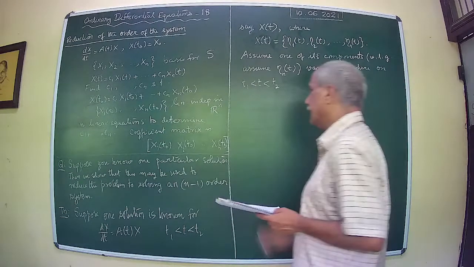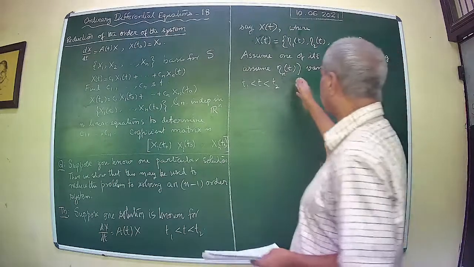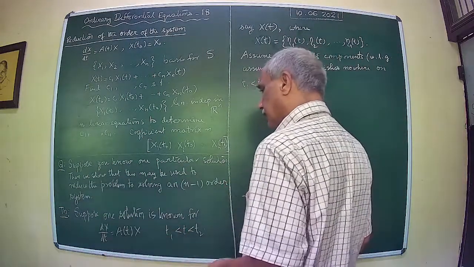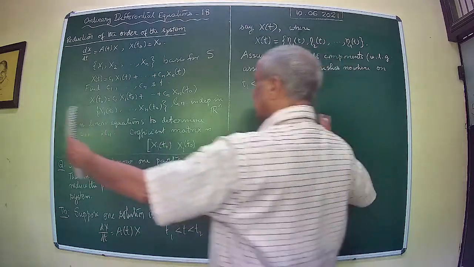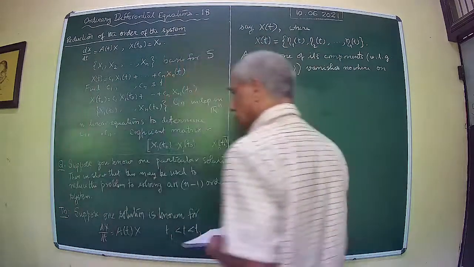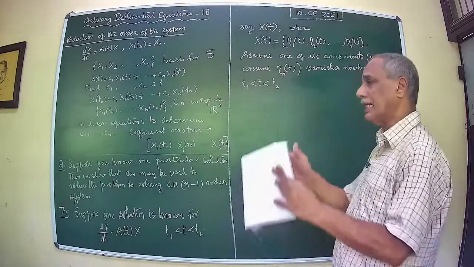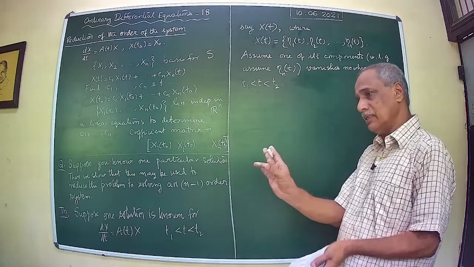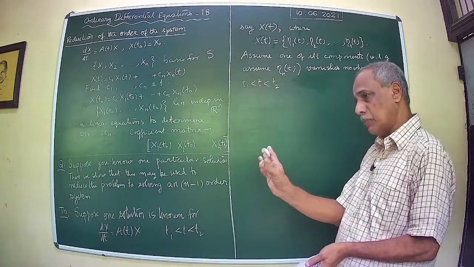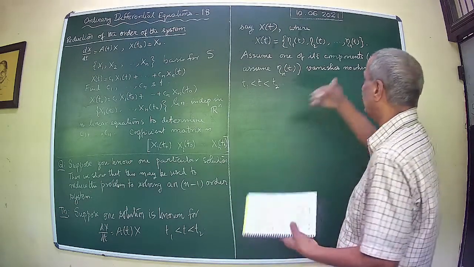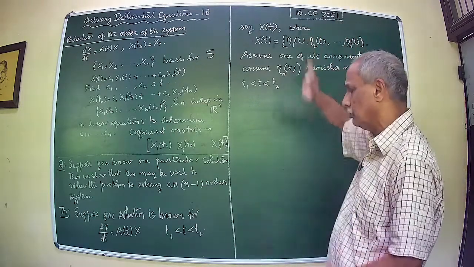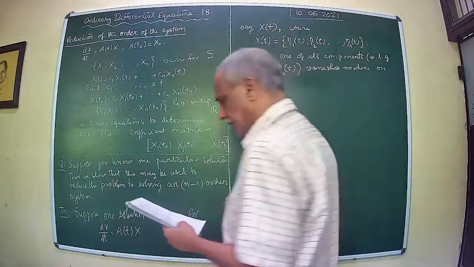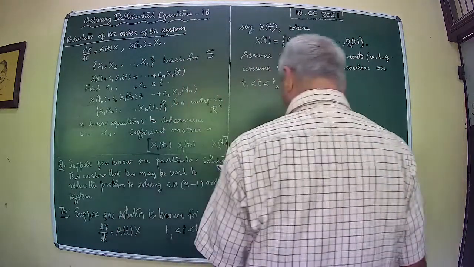Again, you cannot expect eta n to be nonzero on the whole interval t1 to t2 if that is the interval on which the equation is defined. But at least there will be a small interval, which again we designate as t1 to t2, on which eta n(t) is not equal to 0. So we are assuming eta n(t) is not equal to 0.